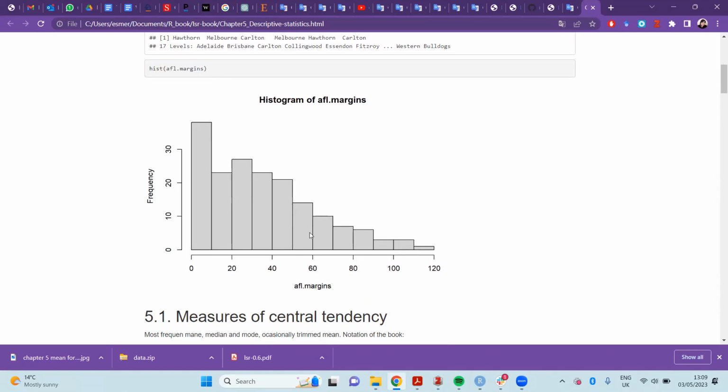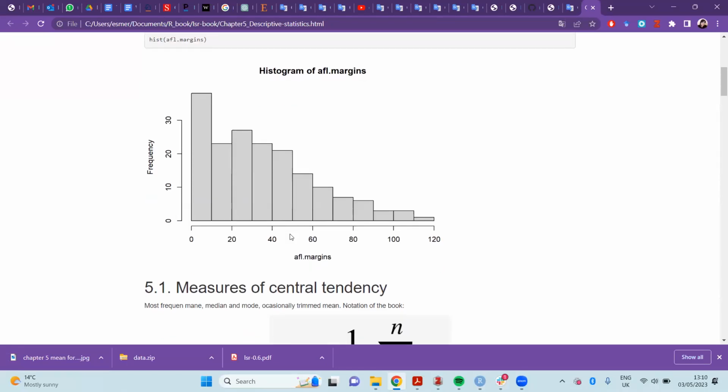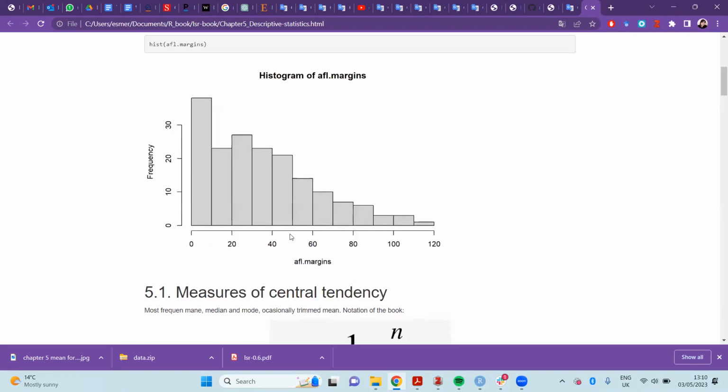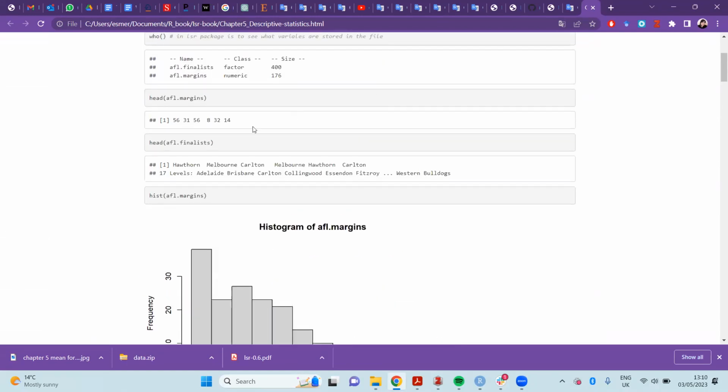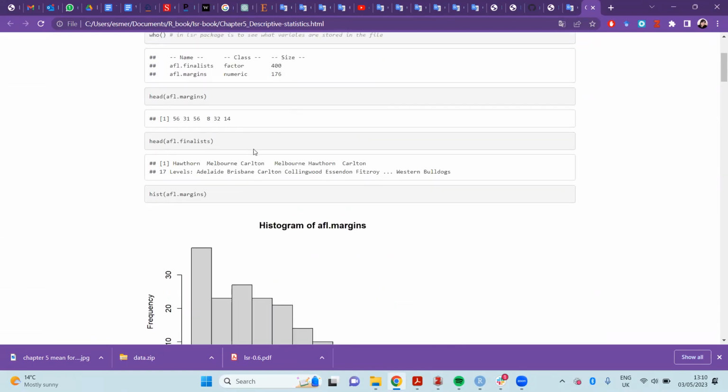For example, annotating more than 100 points is very infrequent, while annotating between 0 and 40 points is the most frequent thing. So this is a way to start extracting some kind of information from the data rather than just having numbers in a table.